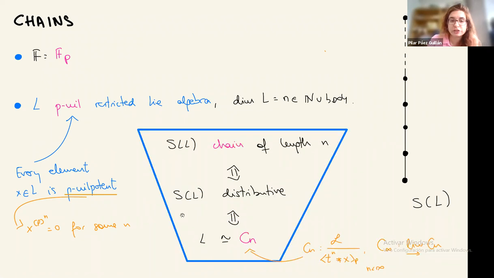So for this kind of restricted algebras, the lattice of restricted subalgebras is a chain if and only if L is isomorphic to the algebra Cn, which appeared before, but I'm going to recall its definition. It's the quotient of the free restricted algebra by the subalgebra generated by a certain p power of the generator x.